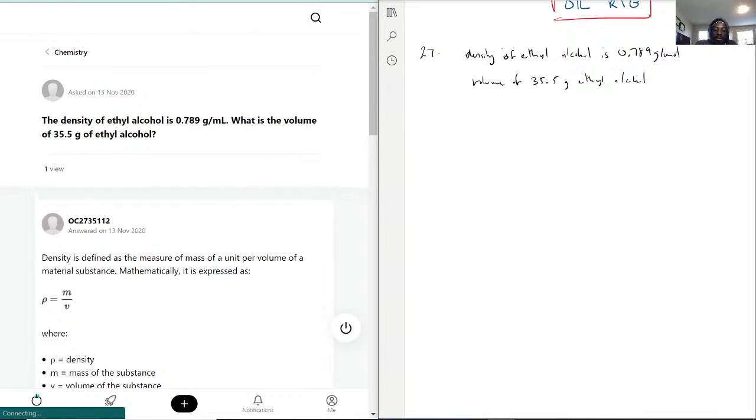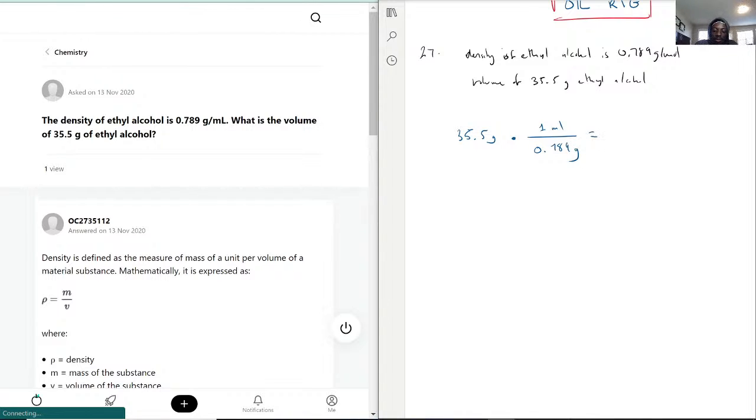Okay, so let's start with what we know. We have 35.5 grams of ethyl alcohol. If we want to get rid of the grams, we want to put the grams in the denominator, which is 0.789 grams equals 1 mL.